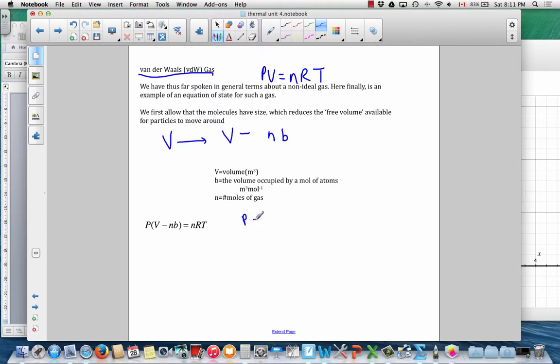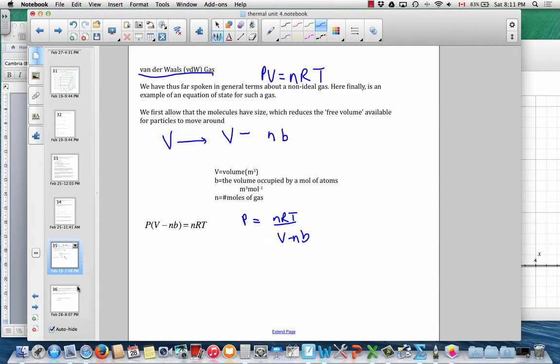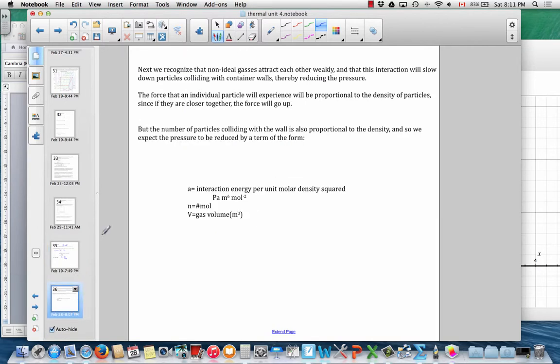Now the next step involves looking at pressure. So let's rearrange this and solve it for pressure. And now think about how pressure is going to be different if we allow for non-ideal gas behavior. The behavior that we're going to be interested in is the attraction that non-ideal gas particles have on each other. Now there's a weak attraction between the molecules. So what's that going to do?